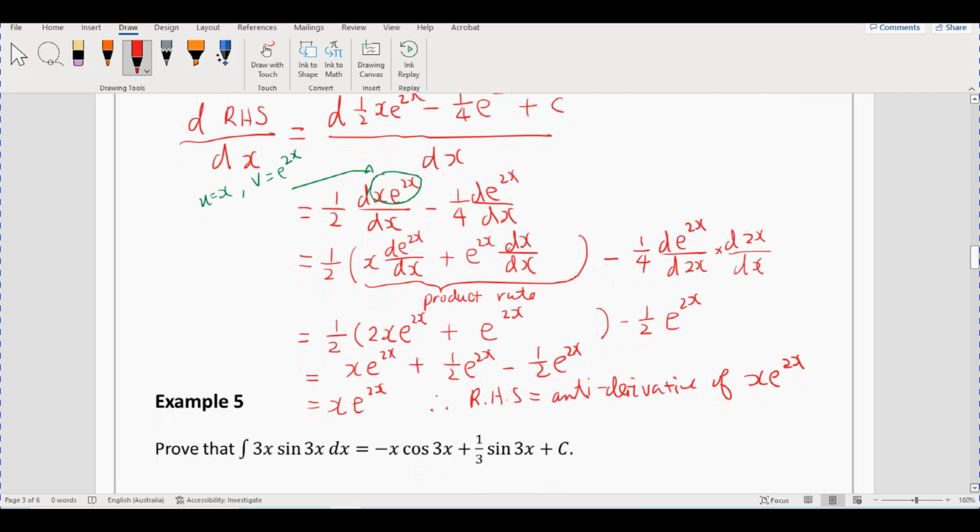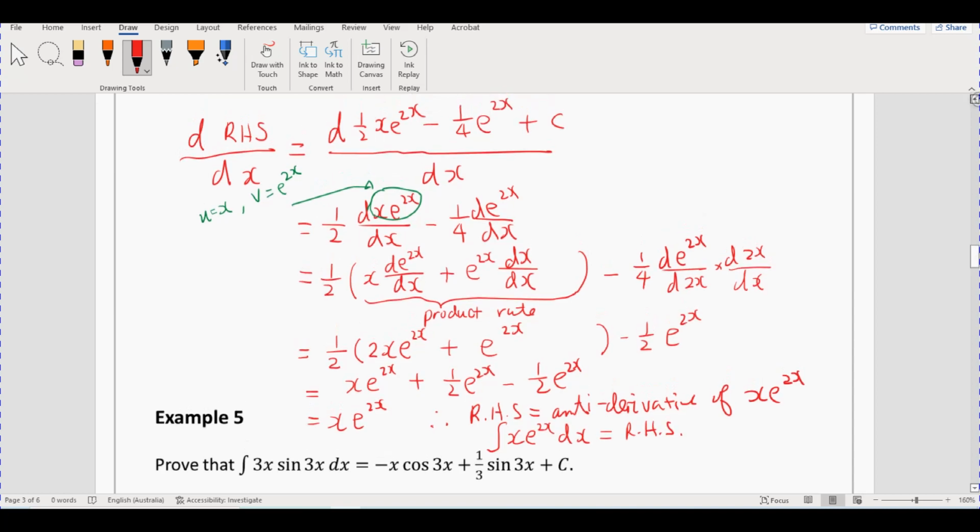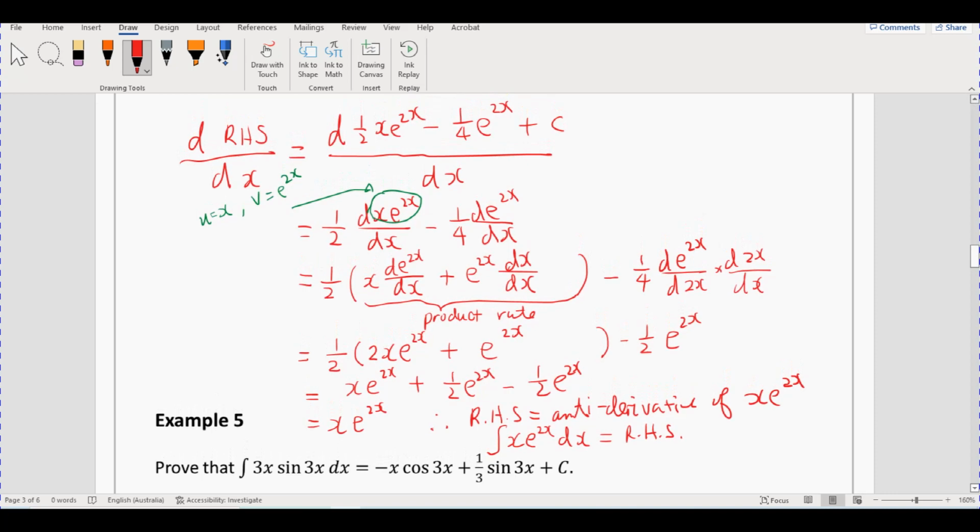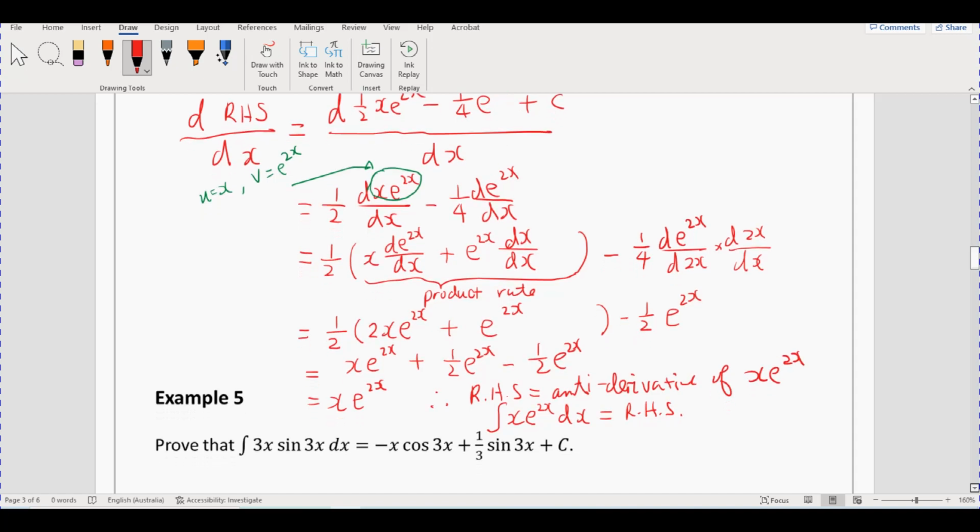Okay, so in other words, you can just write the integration of that derivative equals the right hand side. Okay, so the proof is done. All right, so that's how we do example 4.